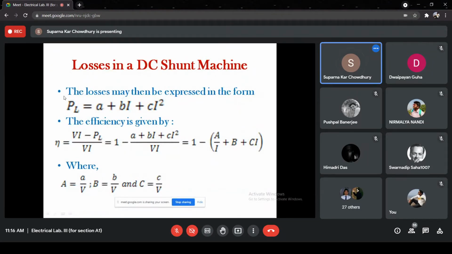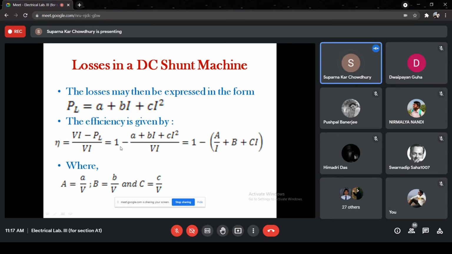Now, we can express the losses in this form, that is, the total loss having three components. One is the constant loss, one is proportional to the armature current, and the third component is proportional to the square of the armature current. So the efficiency, it is a DC machine, so efficiency is VI minus the losses divided by VI.